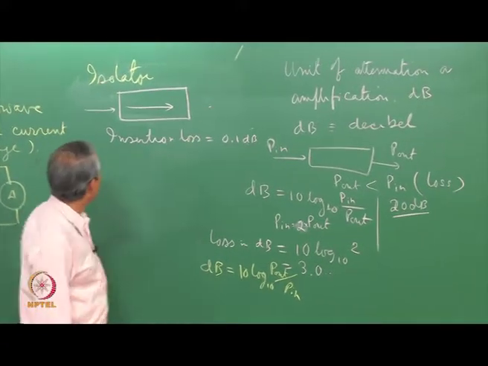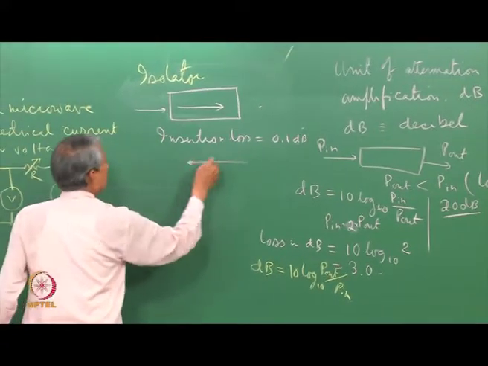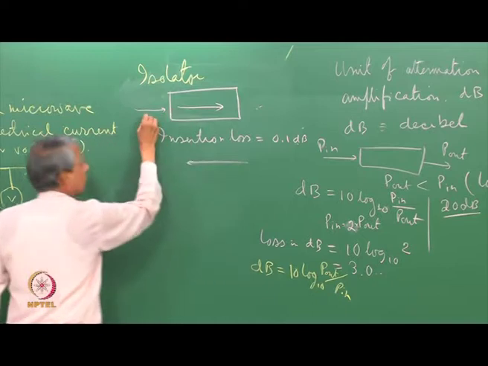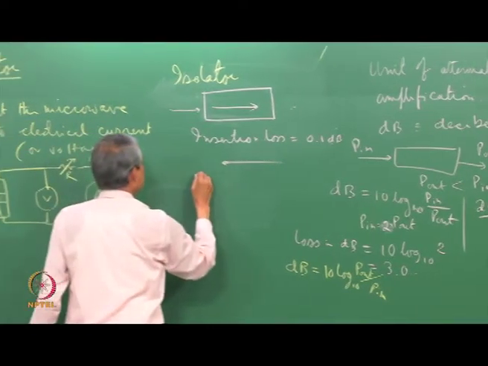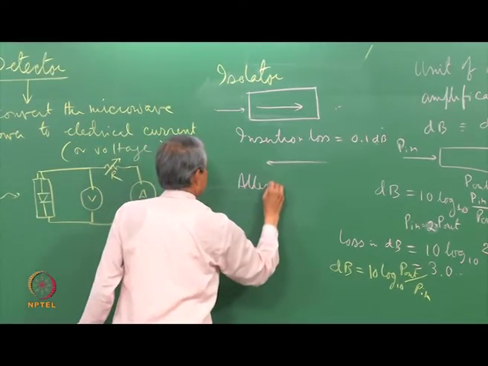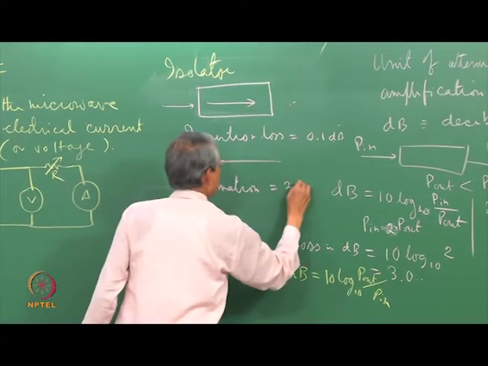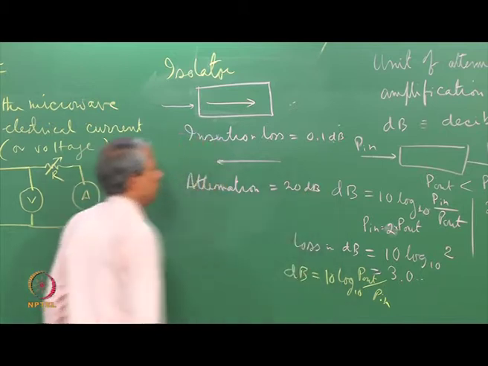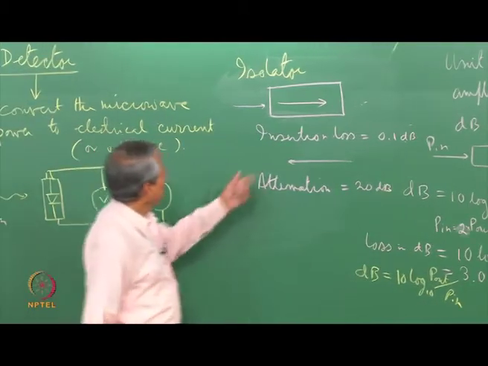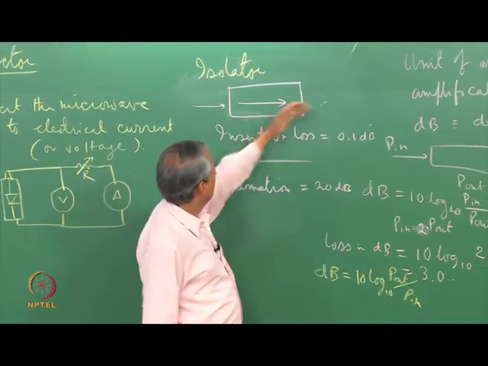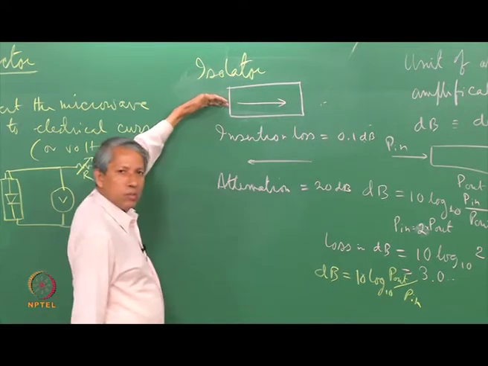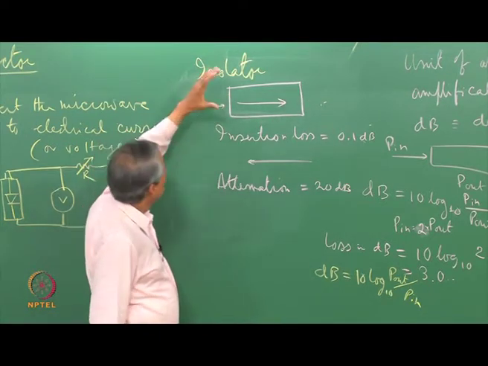But in the other direction, microwave goes in and what comes out there could be an attenuation of, let us say, about 20 dB. That means if the radiation is trying to enter here, only about 1/100th of that will come out here. So, this is the isolator.